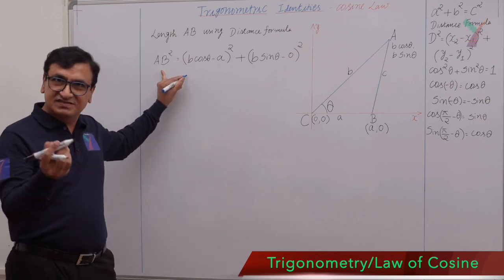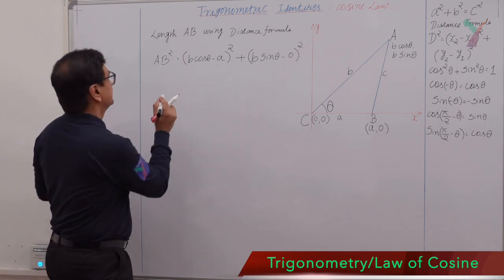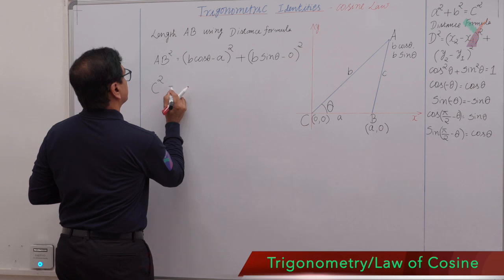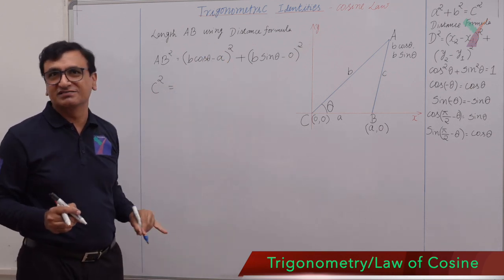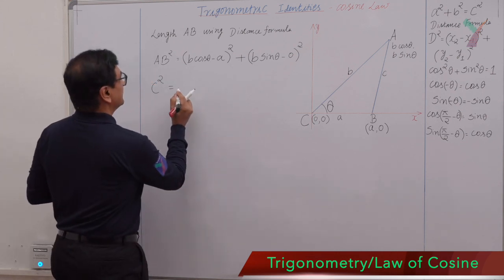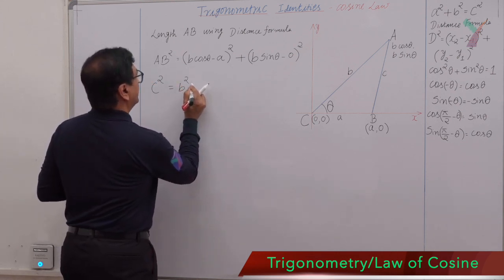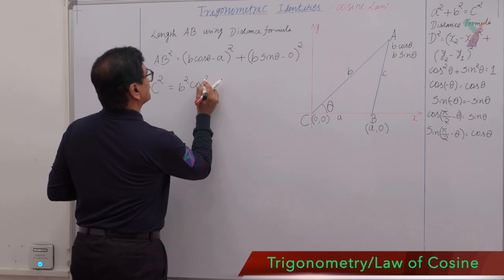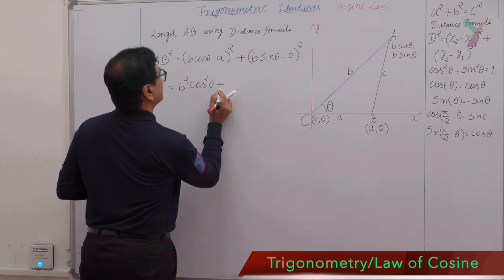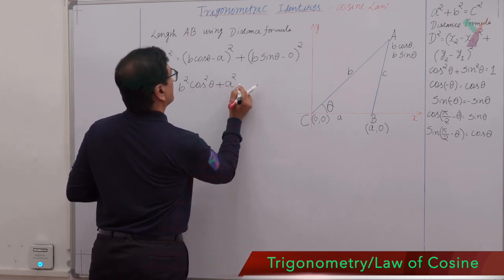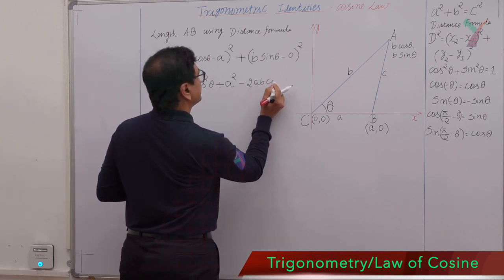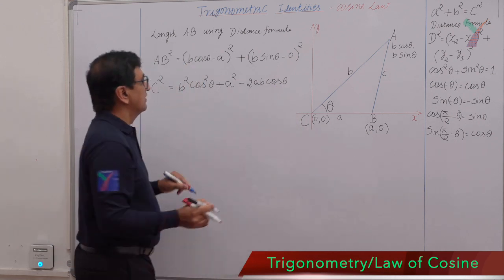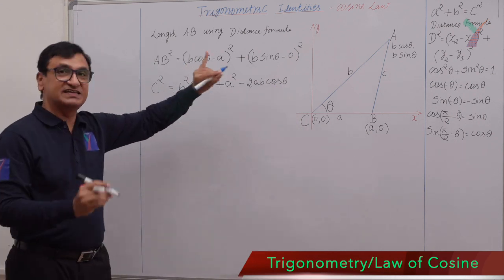Now AB is c, so this will be c square, right? Let's expand using the binomial formula for (a minus b) whole square. This will be b square cos square theta plus a square minus 2ab cos theta, right?